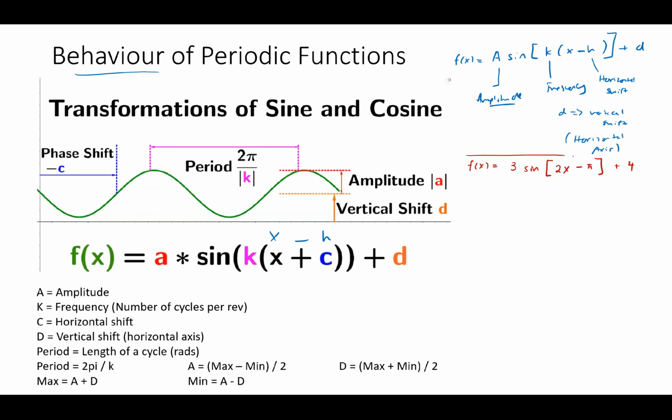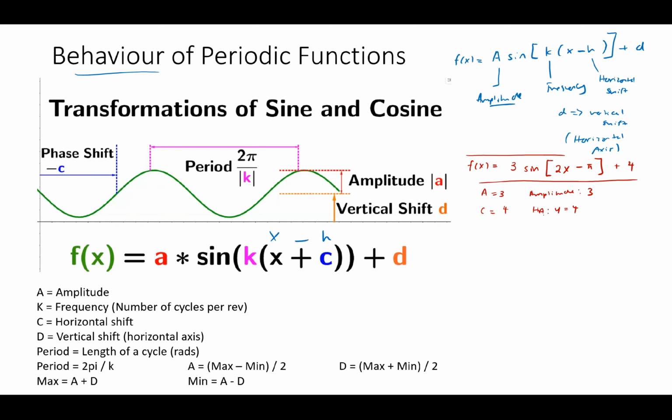We want to look at some of the behaviors of this function. If you look at this template, a here is 3, so that tells us our amplitude is 3. We can also see that our d value is 4, so the horizontal axis is y is equal to 4.